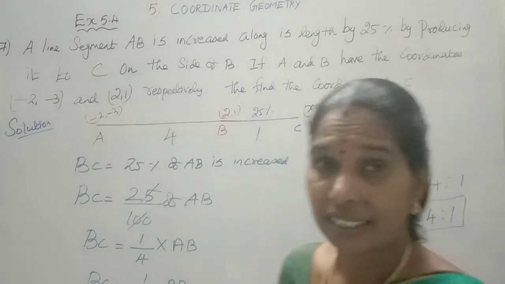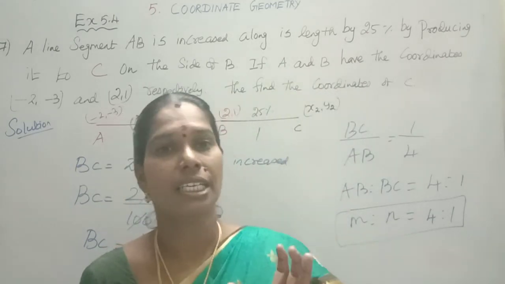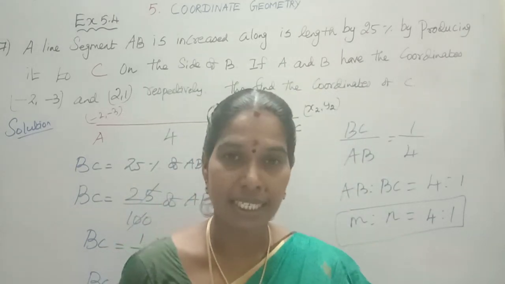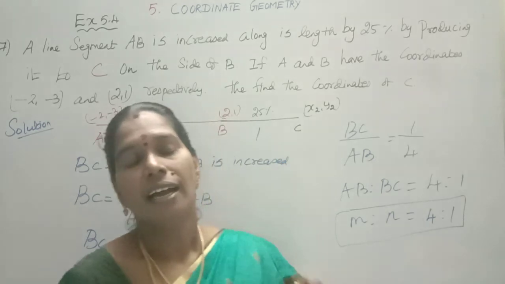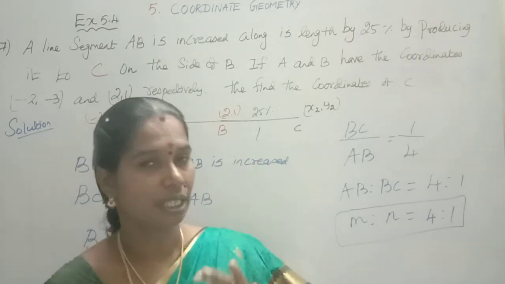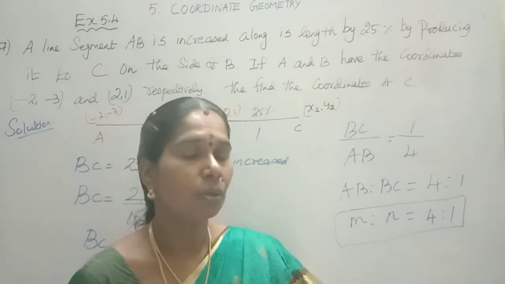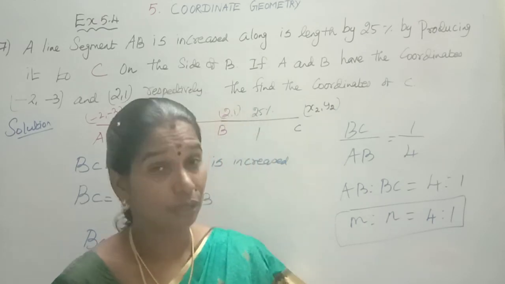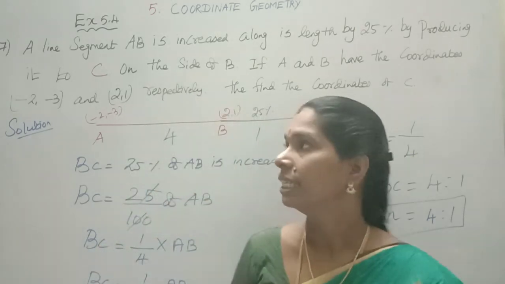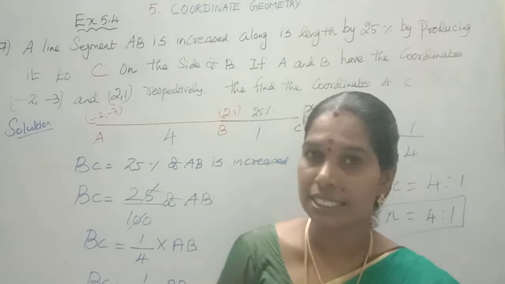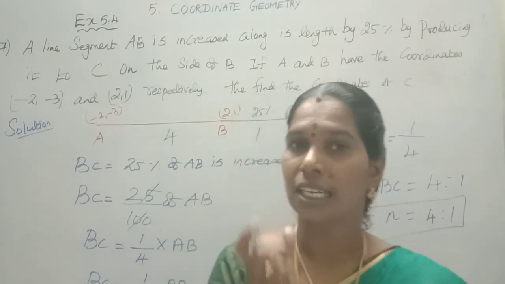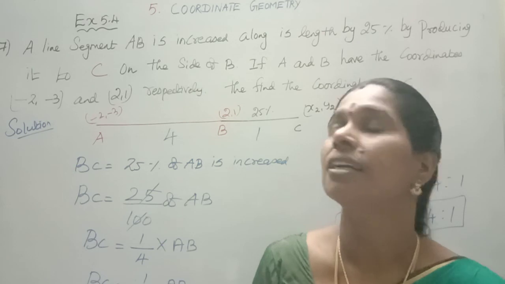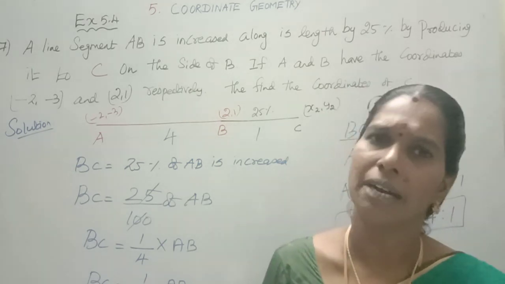Okay children, this exercise is very easy only if you understand the sums very carefully and the ideas I have used here. You have to work out at least 3 or 4 times, then this exercise will be very easy. You have to understand the concept of each question, and you can apply the section formula and midpoint formula.